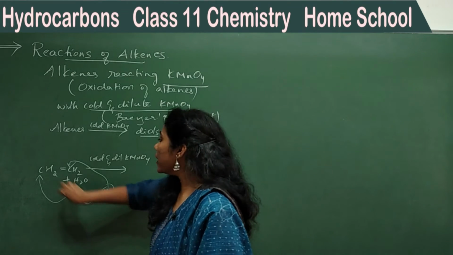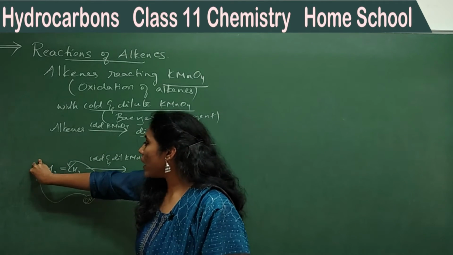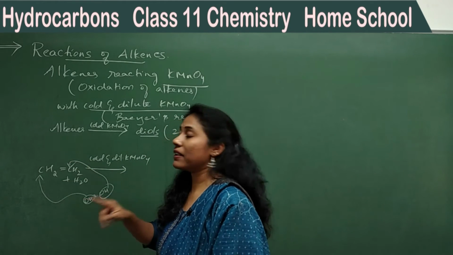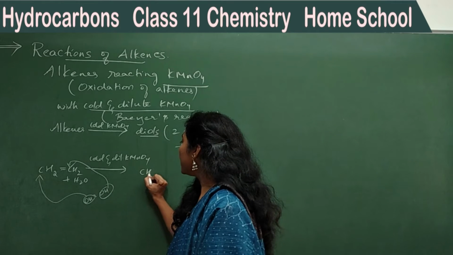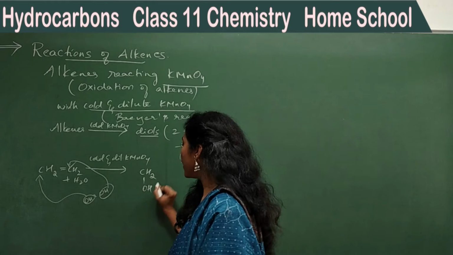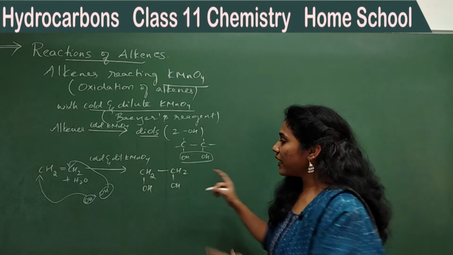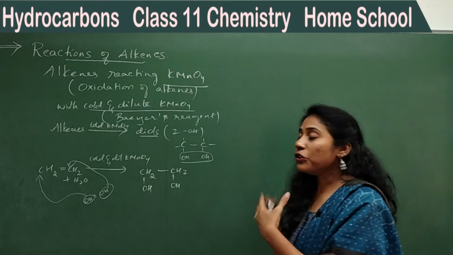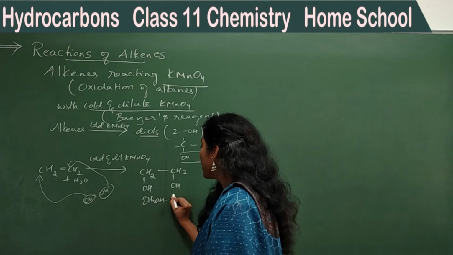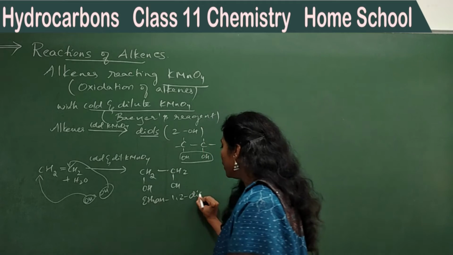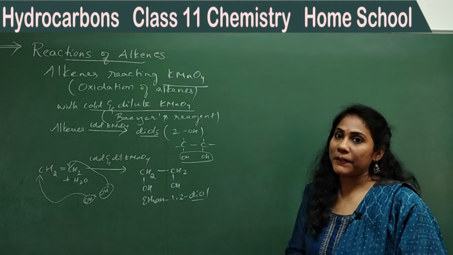So that way OH groups are added to unsaturated carbon atoms. One OH to one carbon, another OH to another carbon. So what you will observe is the double bond will become a single bond. So you will get the compound CH2OH–CH2OH. Okay, so two OHs on adjacent carbon. So how do you name it? This can be written as ethane-1,2-diol, isn't it? So this type of diols you will get.